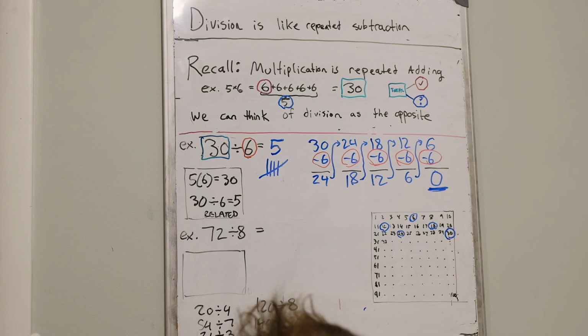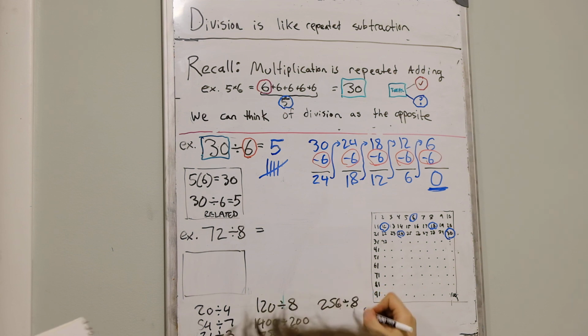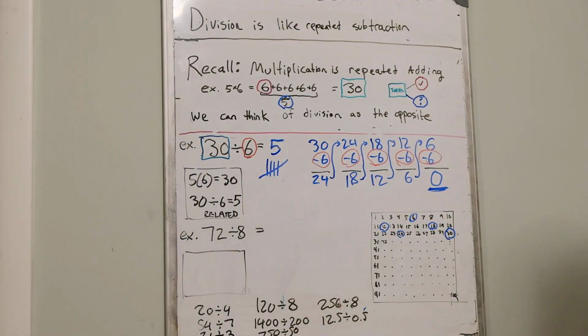Again, if you want to try some bigger numbers, 750 divided by 50. You could do 256 divided by 8. You could do 12.5 divided by 0.5. There's a whole bunch you could do. You can pretty much make up numbers, but start with some of these and give them a try.